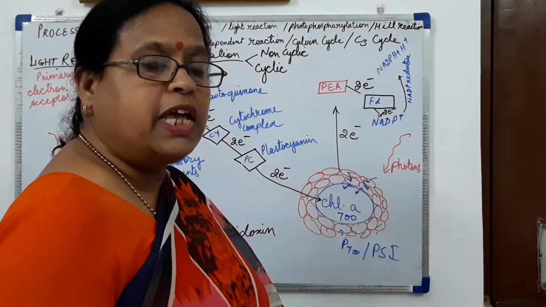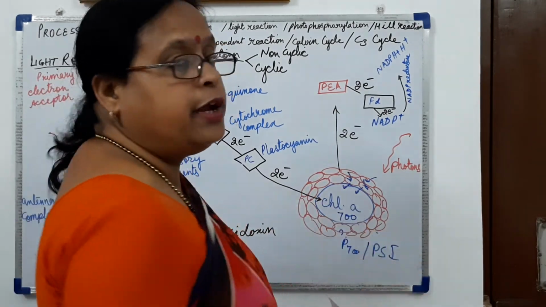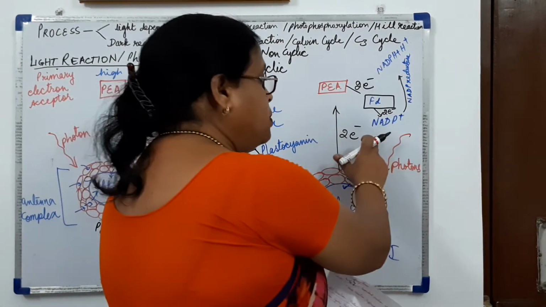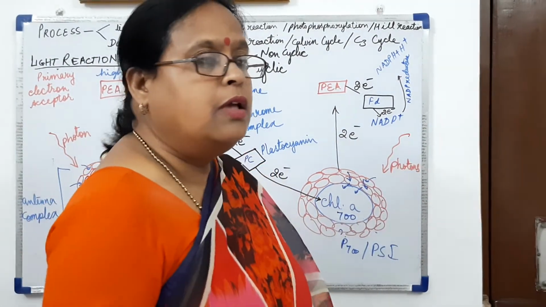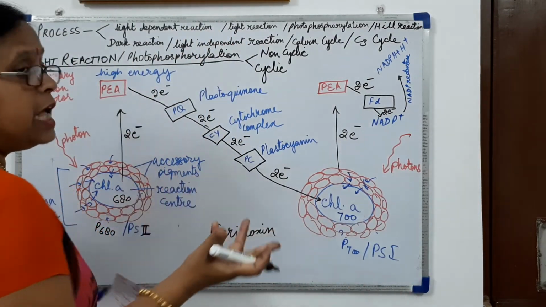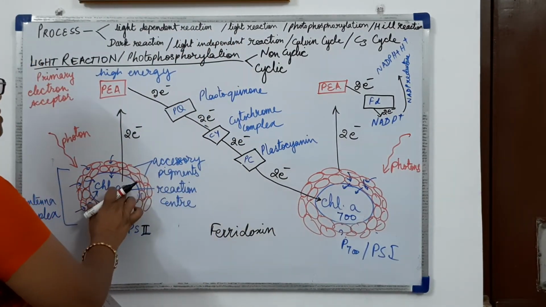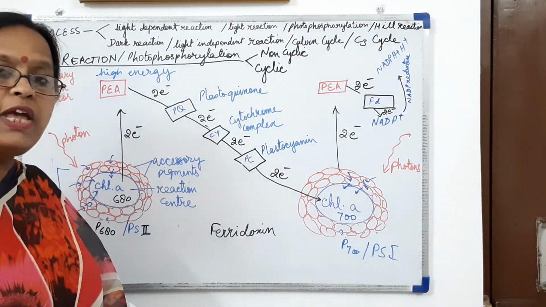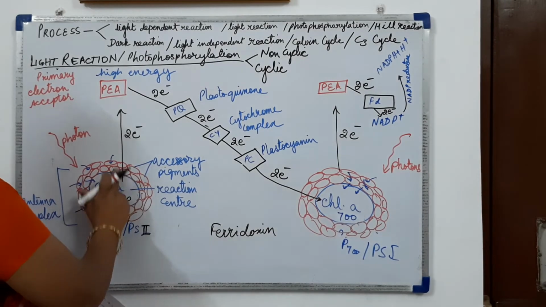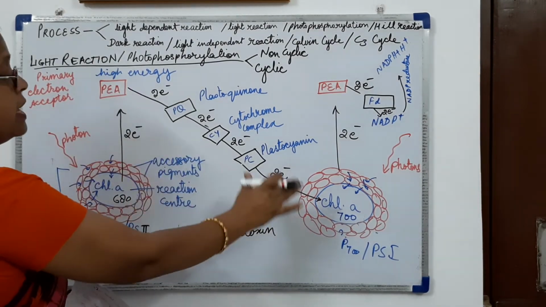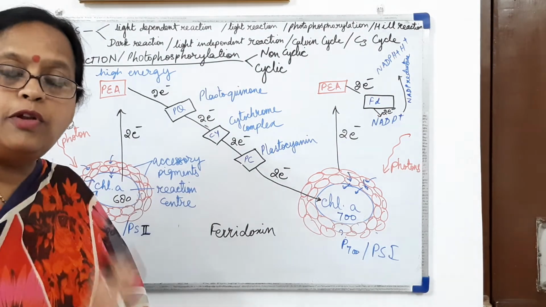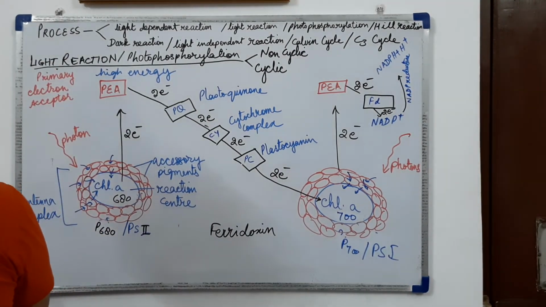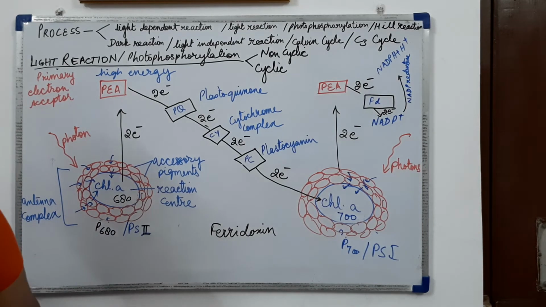Now we can ask, from where are the hydrogen ions released for NADP to combine, and what will happen to the electrons lost by this pigment system? From where will the pigment system that has lost electrons get them replaced? For that, photolysis of water takes place.